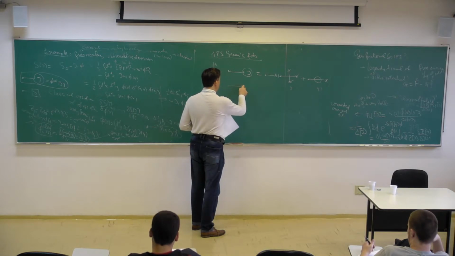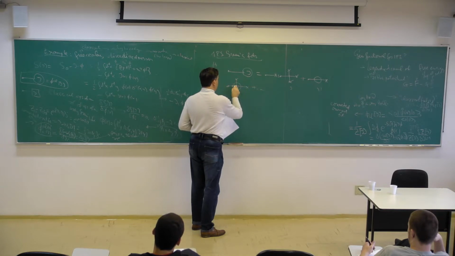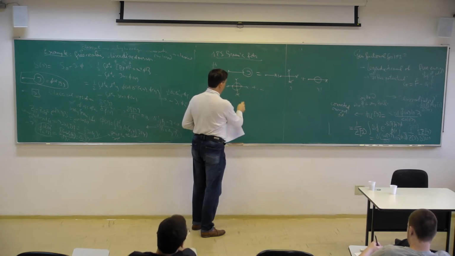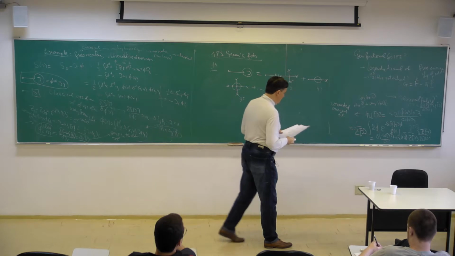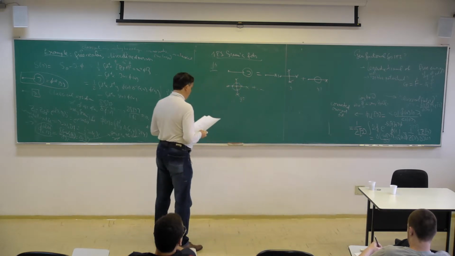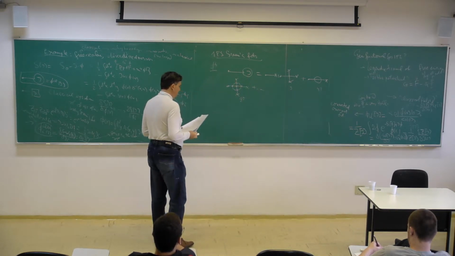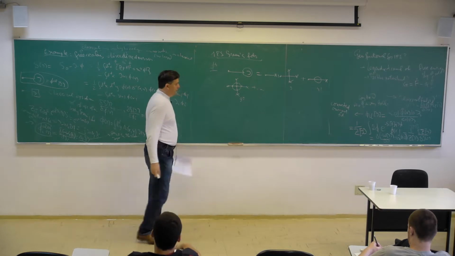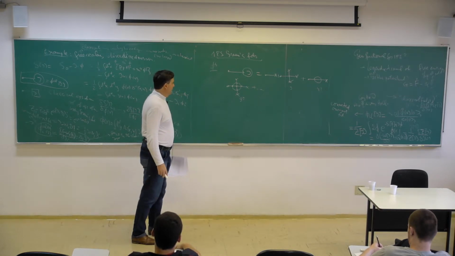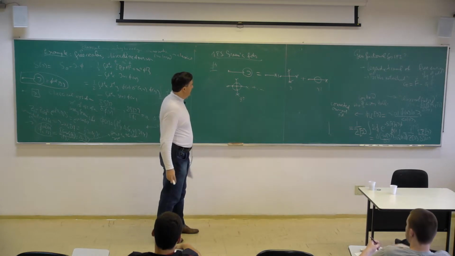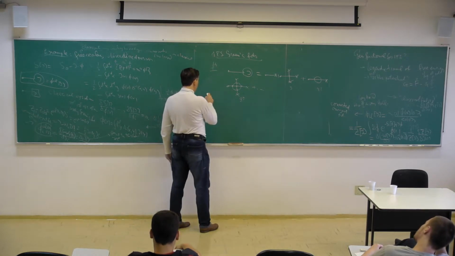Other things I can do, for instance, things like this. This has many vertices, 3, 5. There are many things I can do, right? But now what I want to do is to think diagrammatically of how I can write this in terms of 1PI diagrams.